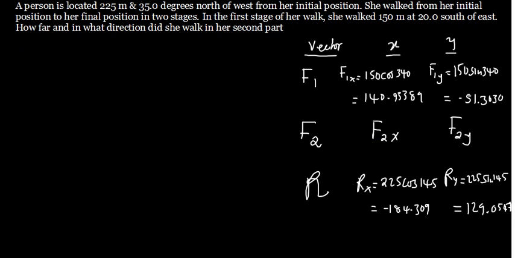So we're just going to say 140.95389 plus F2x should give us negative 184.309.